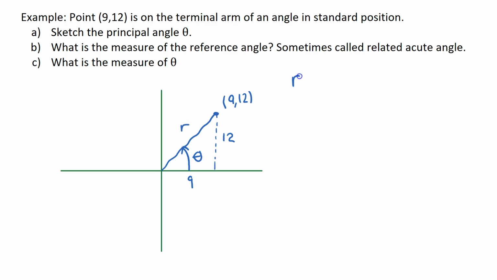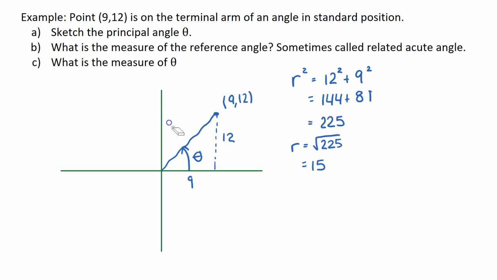So r squared, because this is a right angle triangle, is equal to 12 squared plus 9 squared, which is 144 plus 81. It's just going to be r squared is 225. So r is equal to the square root of 225, which is 15.